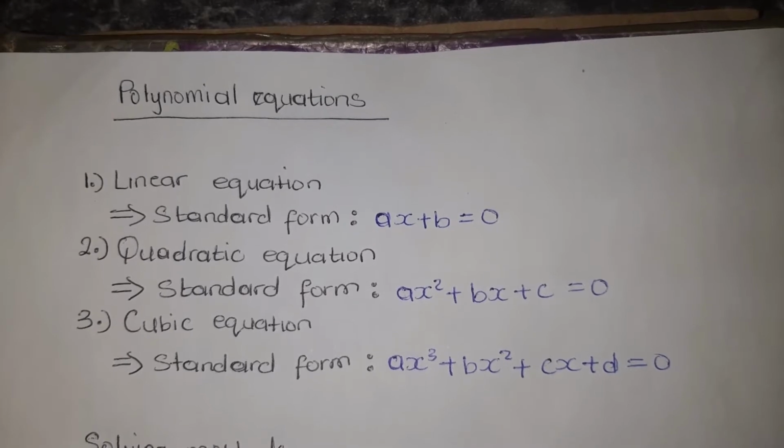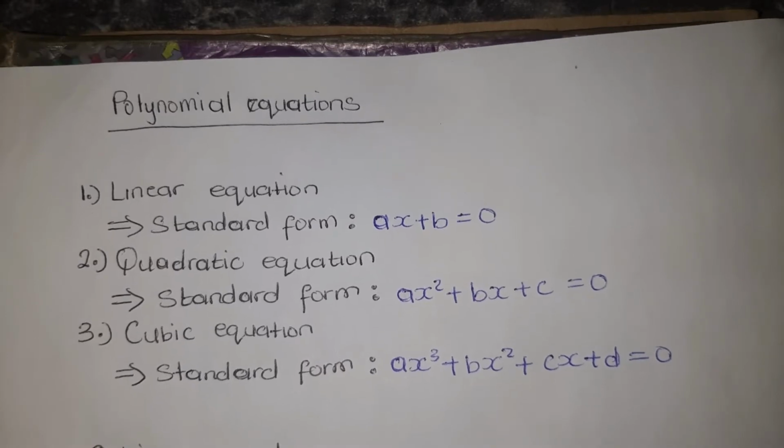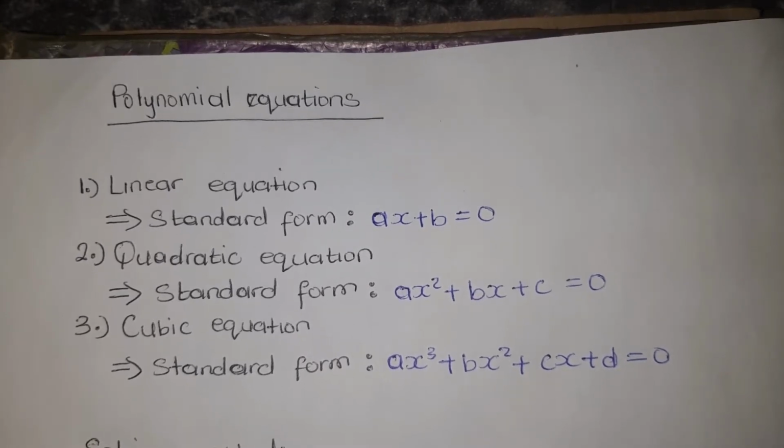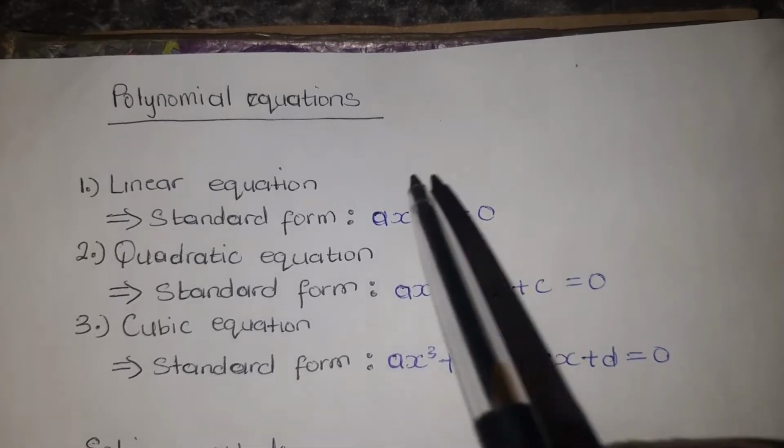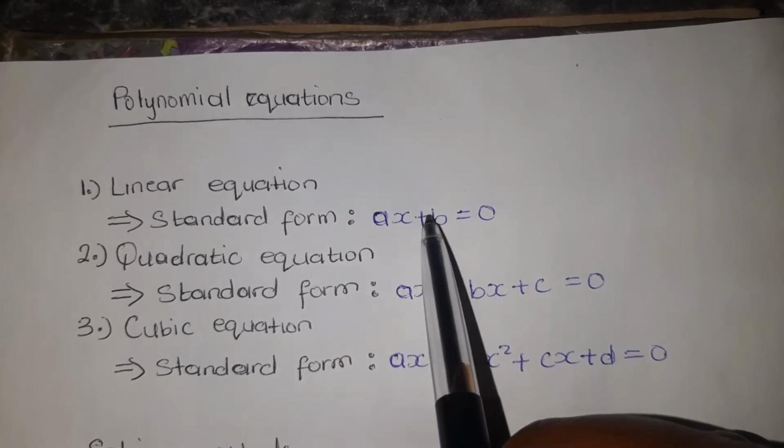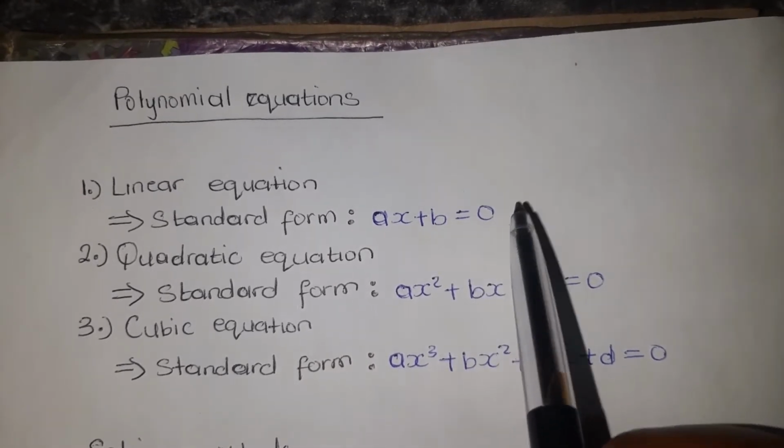Okay guys, today's topic is polynomial equations. As I said before, we have three types of polynomial equations, which are linear equation, quadratic equation, and cubic equation. Linear equation, its standard form is ax plus b is equal to 0.